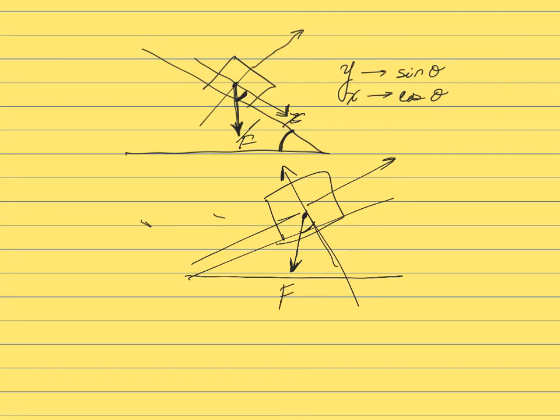If the angle over here is between the force and the y-axis, the x component is going to be associated to the sine, and the y component in there is going to be associated to the cosine of the angle. Did you get that now?